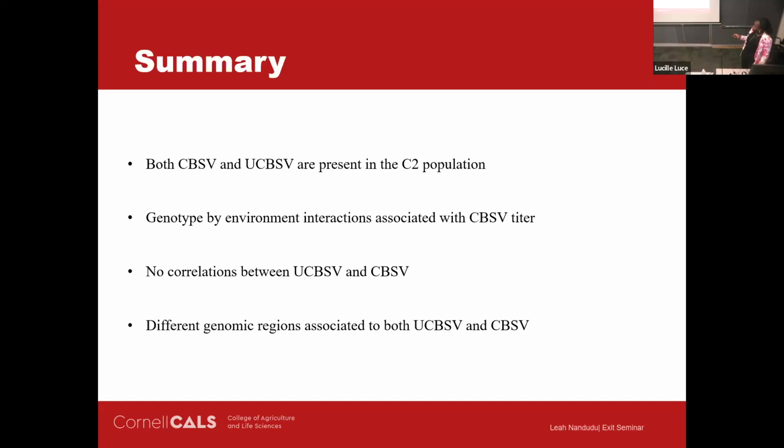We identify that there are no correlations between CBSV and UCBSV titer. So the implication is breeders moving forward should treat these as two different diseases and develop strategies that are different from each other. We also noticed that, again, different genomic regions are associated to the trait. That again drives to the point that these are two different viruses that should have two different breeding strategies.